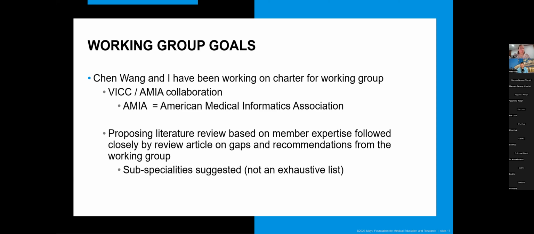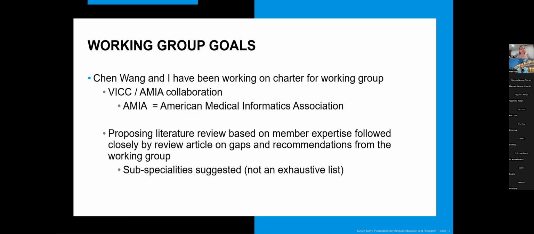And so what we're proposing is to start with a literature review based on member expertise, followed closely by a review article on gaps and recommendations from the working group on how to deal with complex variants.